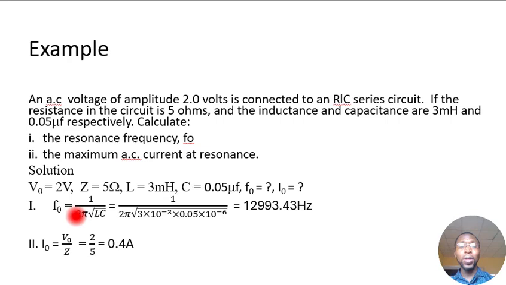The frequency we obtain when there is resonance is called the resonance frequency, and we have seen the formula earlier. So we just substitute our values of L and C, and then we have our resonance frequency to be 12,993.43 Hz. Then to get the peak current, we use V maximum over Z, which is 2 and Z to be 5, and then we have 0.4 ampere.